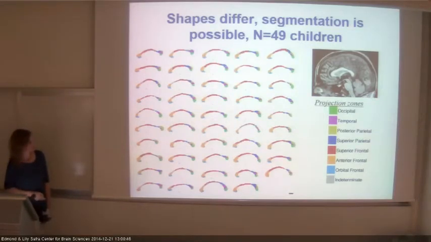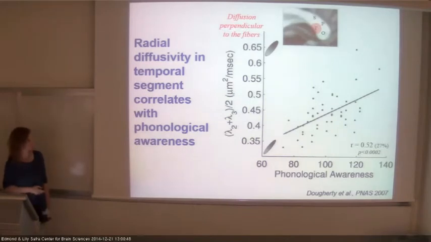And I'm skipping a few details and jumping to the point where we looked for correlations with behavior in each of these segments. So we take the posterior segments where we expect to find any correlation with behavior based on predictions from Desjardins and others, based on predictions from Binder and others.